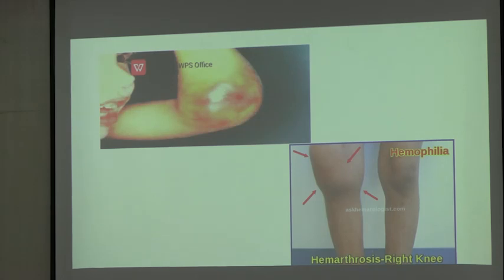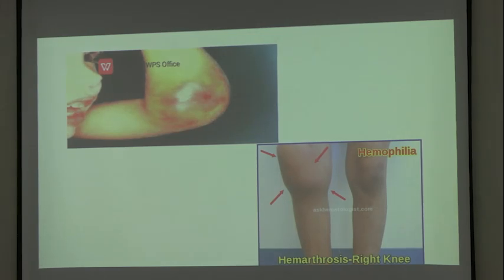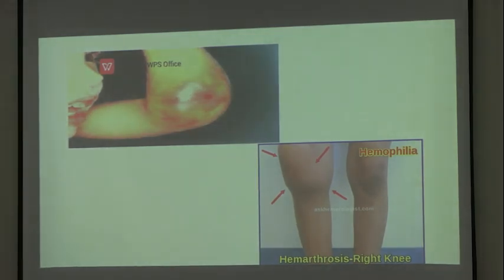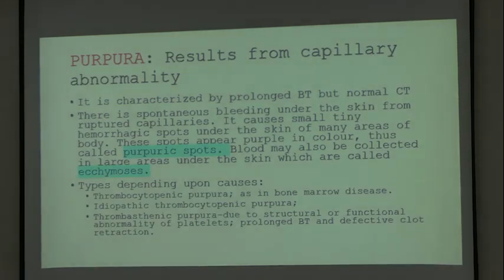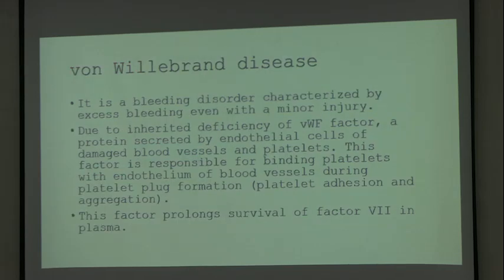Hemophilia patient: bleeding in joints, swelling of joints because of bleeding, internal bleeding. So this is purpura, this is important, and this disease is also important.